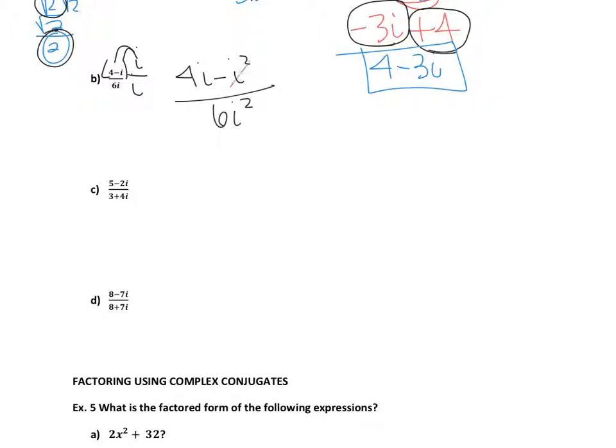Now what I'm going to do is go through and change all of my I squares to negative ones. So that's going to leave me with 4i plus 1, because this negative and this negative is going to make a positive, over negative 6. And then the last step is get it into A plus BI form.